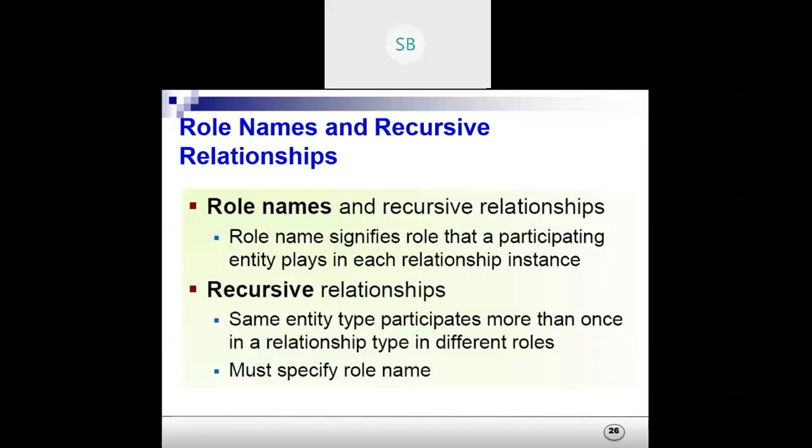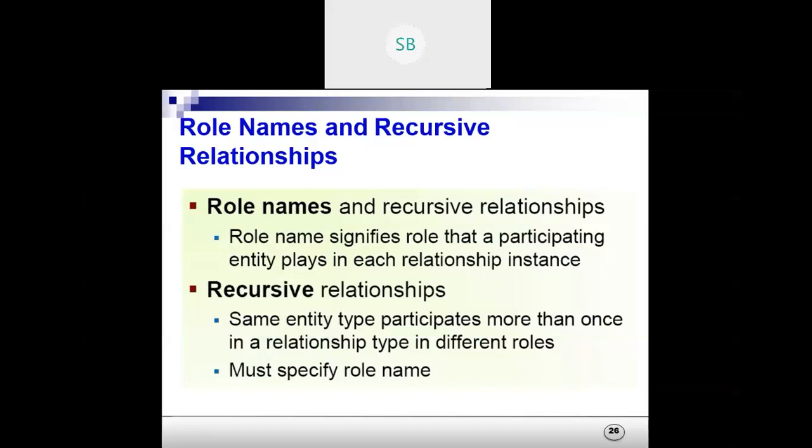Similarly here also we can have this concept of recursive relationship. For example, in the employee entity, one person can be a supervisor of other employees, who act as supervisees.